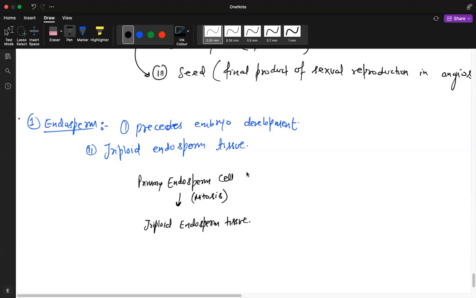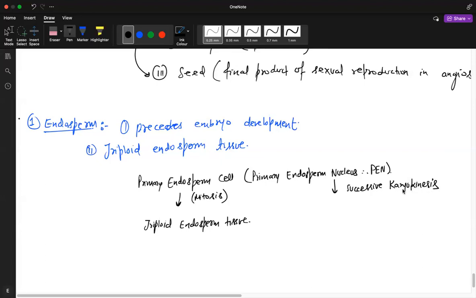So basically, this primary endosperm cell contains the primary endosperm nucleus, right? And this is known as PEN. So how does this PEN, from a primary endosperm cell, become a triploid tissue? Because this primary endosperm nucleus first undergoes successive karyokinesis.